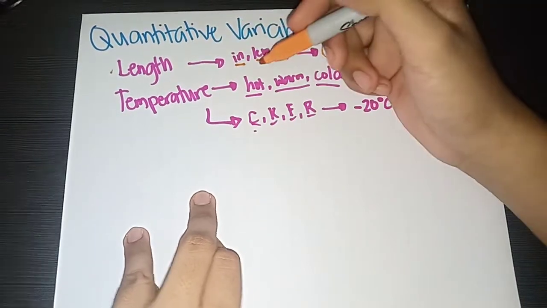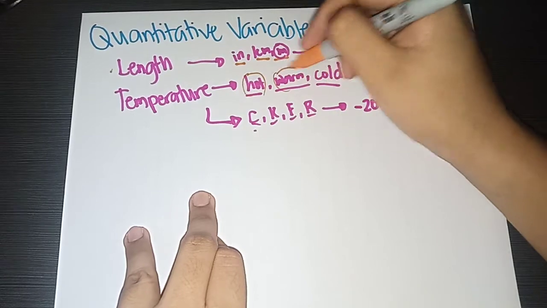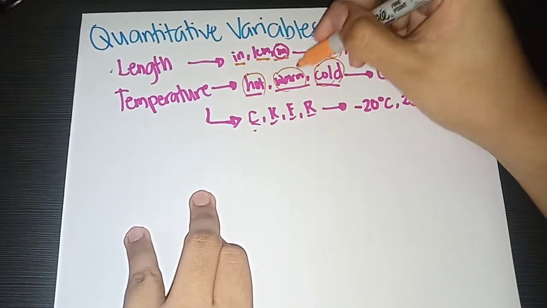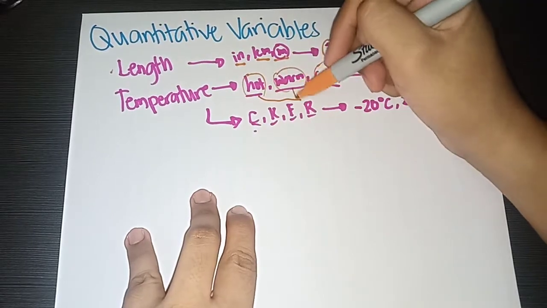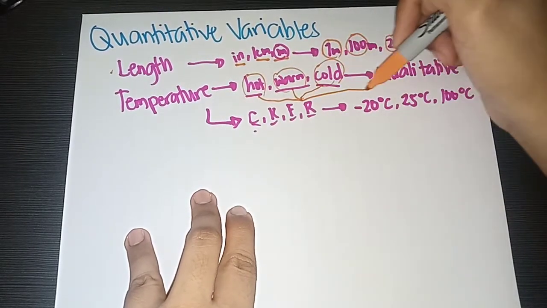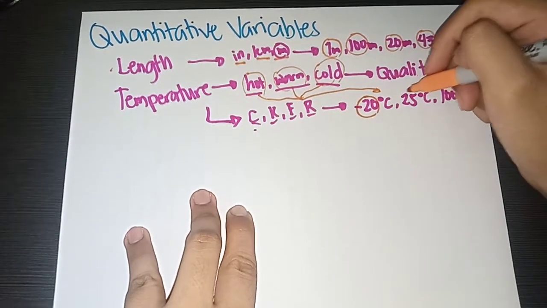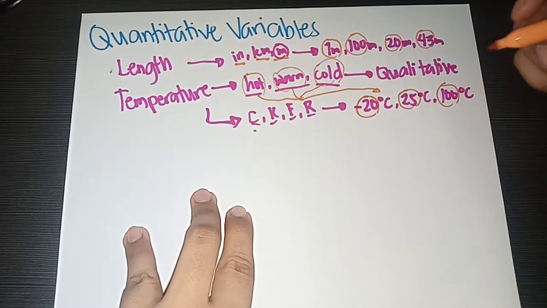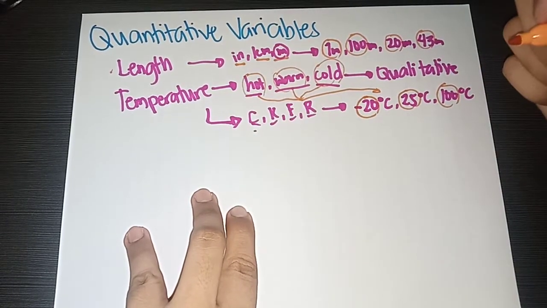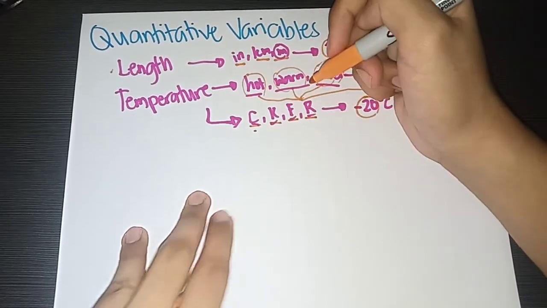In temperature, we have qualitative values like hot, warm, and cold. However, these can also be expressed in numbers, as we can see in our example: negative 20 degrees Celsius, 25 degrees Celsius, 100 degrees Celsius. And it also has different units like Celsius, Kelvin, Fahrenheit, and Rankine.